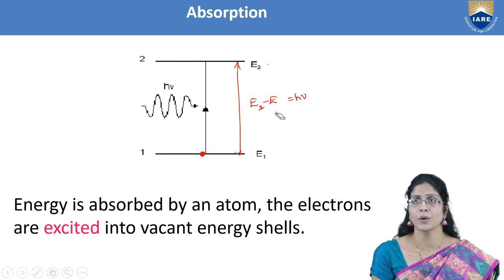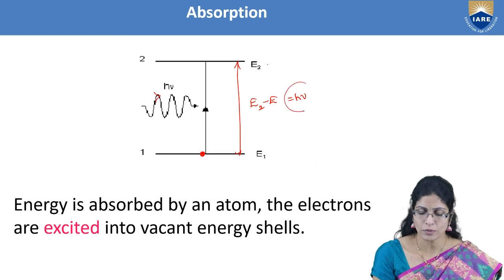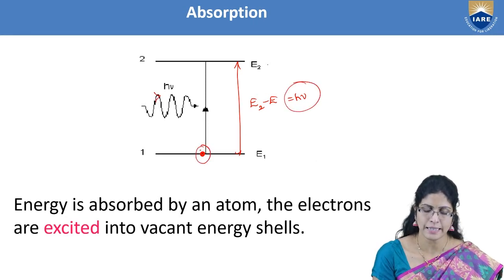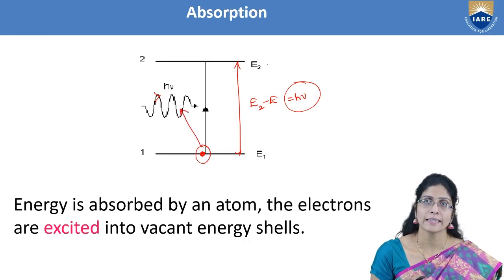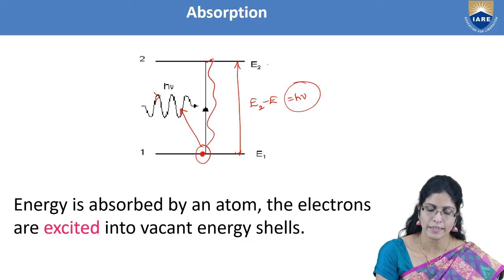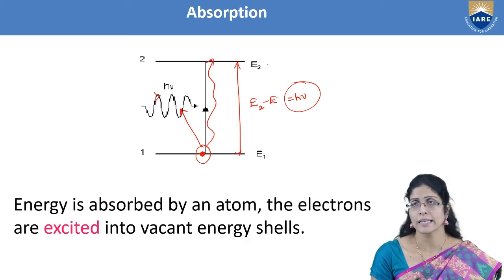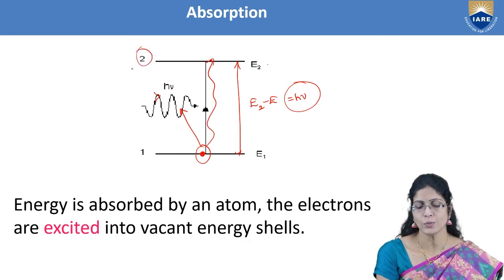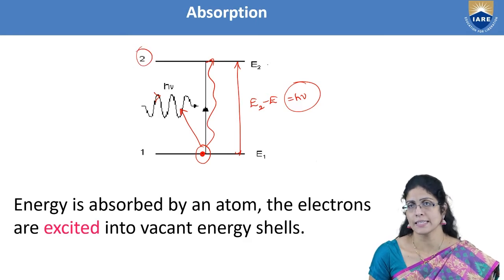Then if you incident a photon which is equal to this h nu, only then this electron which is present there can absorb this h nu and it can raise to the higher energy level E2. So once it raises to the higher energy level, which is mentioned as 2 here, it has this h nu inside it.